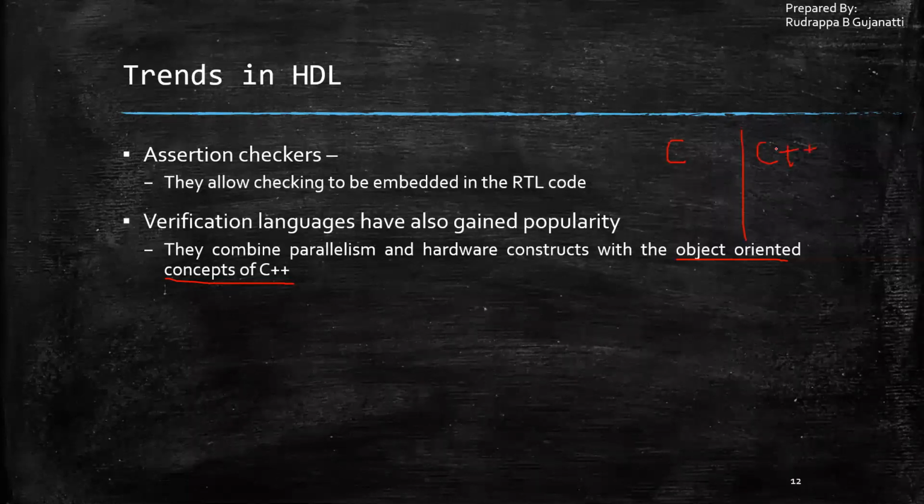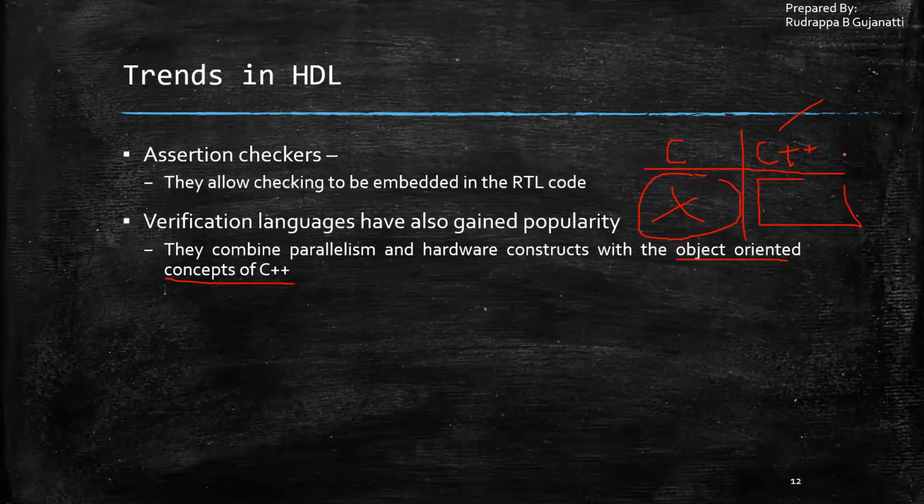Here we can create instances, we can create objects of the classes, and we can use special properties like polymorphism and inheritance, which are actually not present in C. So can I go ahead and use some of the features of C++ for the verification?